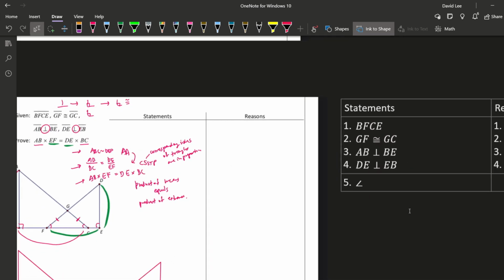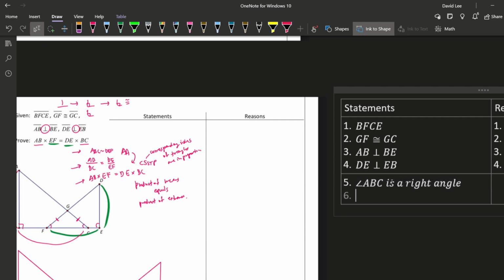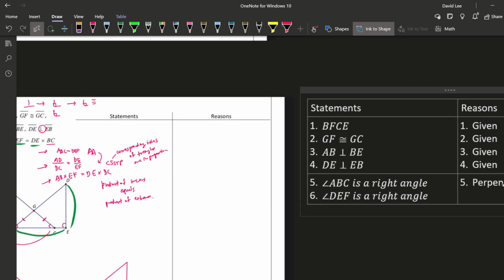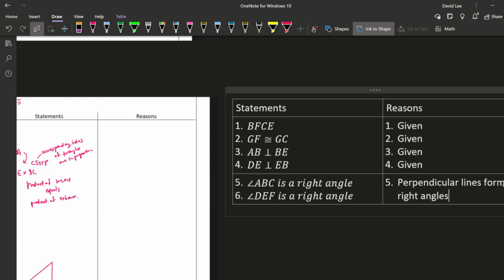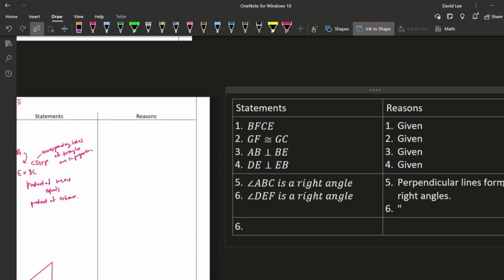So first you say angle ABC is a right angle. Also, angle DEF is a right angle. I don't know what your teacher uses, but you can say perpendicular lines form right angles. Same thing for the other. Then we can say angle ABC is congruent to angle DEF because all right angles are congruent.